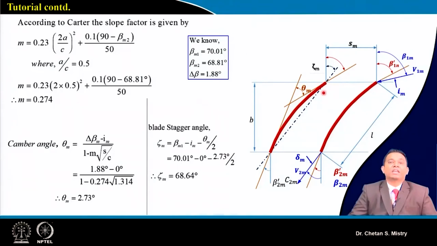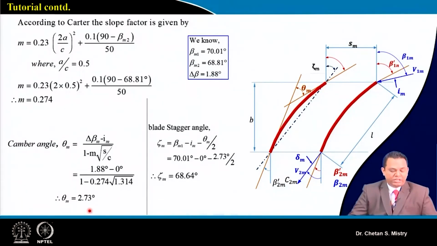Now this bending is also important. The curvature here we have taken as a circular camber line. So we will calculate our Carter slope factor, and this is coming 0.274. Once we have calculated that, we can calculate our deviation angle, camber angle and stagger angle.